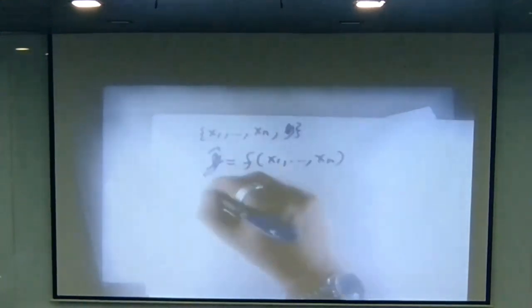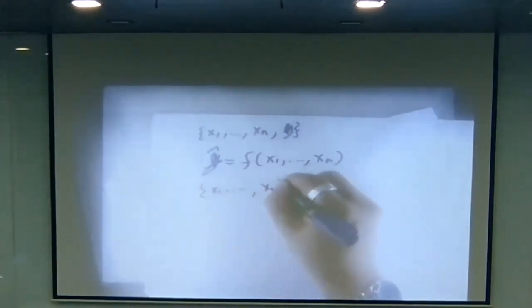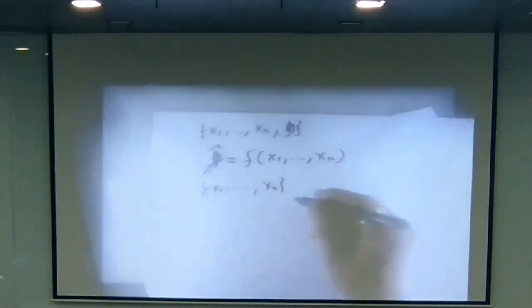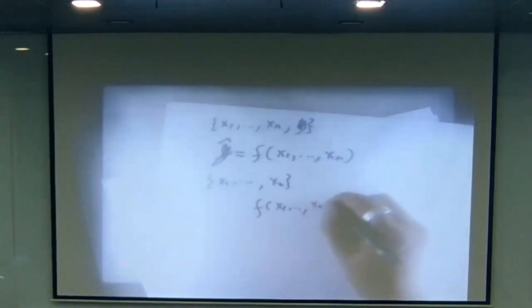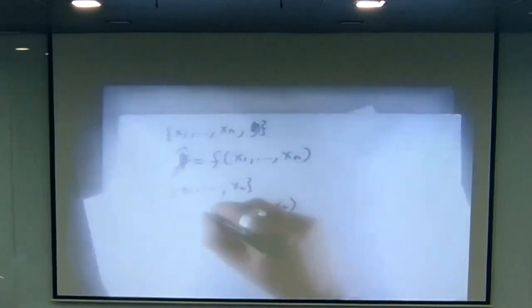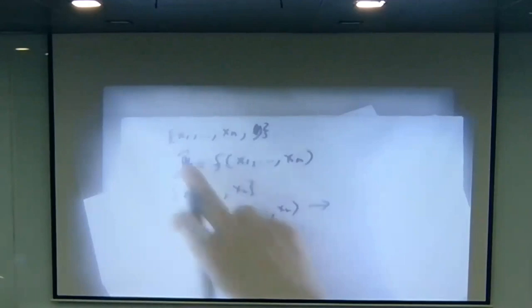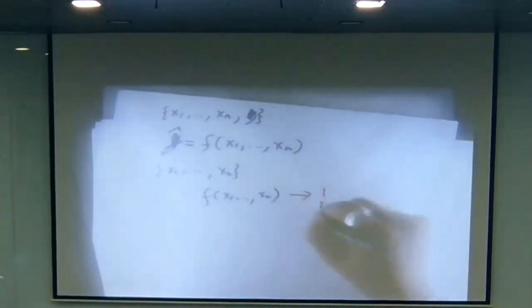Now, if you have x1, xn, and you have a function f of x1, xn, instead of giving an actual value from the data set, it gives you some sort of nominal 1, 2, 3, 4, 5.